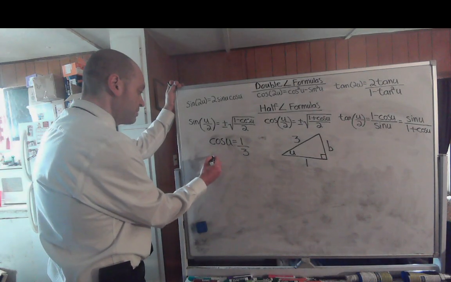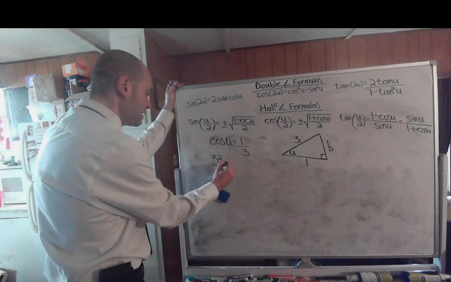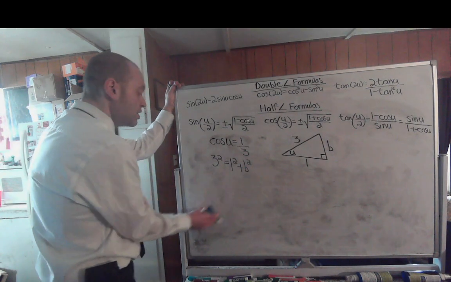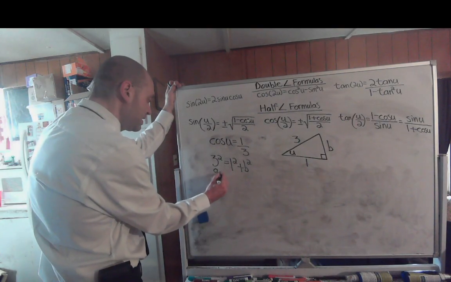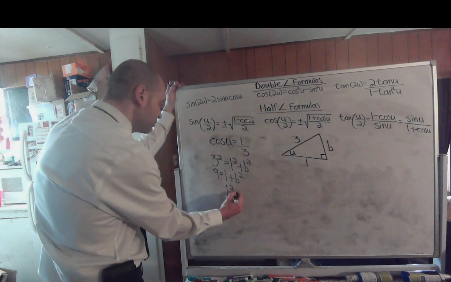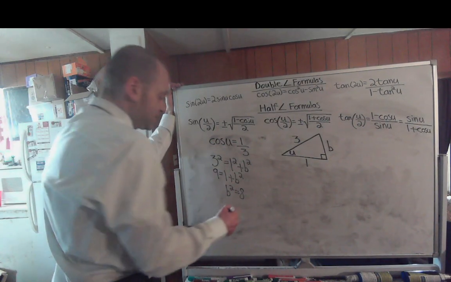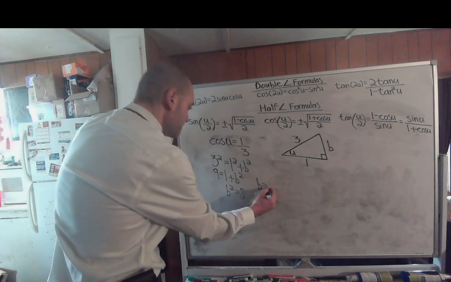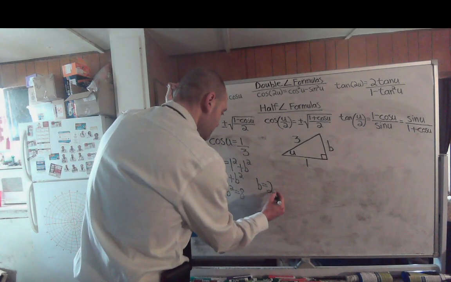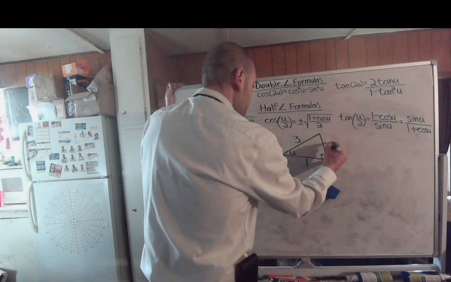So that means 3 squared would equal 1 squared plus b squared, which then means that 9 equals 1 plus b squared. So b squared equals 8, which then means that b, since we're in the first quadrant, will be positive. That's the square root of 8, which is 2 times the square root of 2. So b will have a length of 2 times the square root of 2.